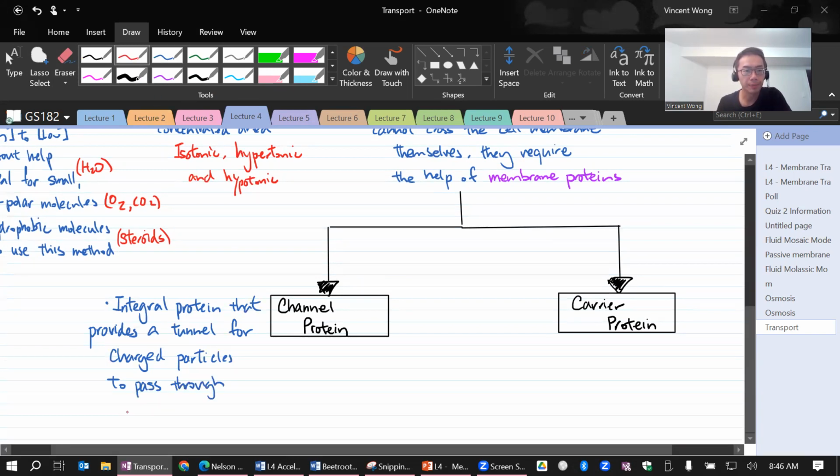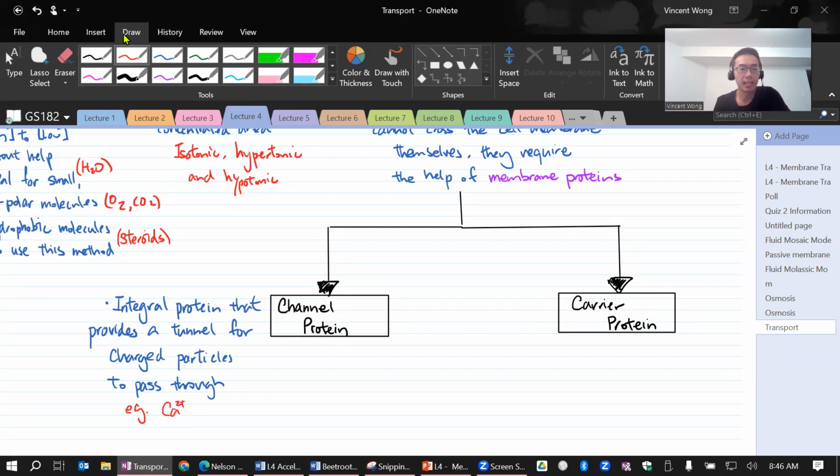For example, calcium. Basically any ion that you can think of.